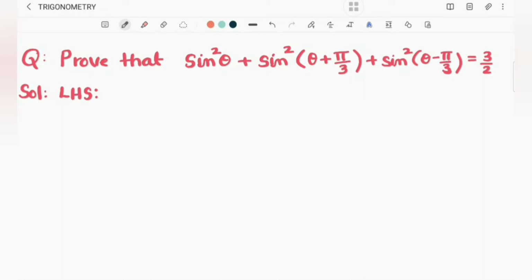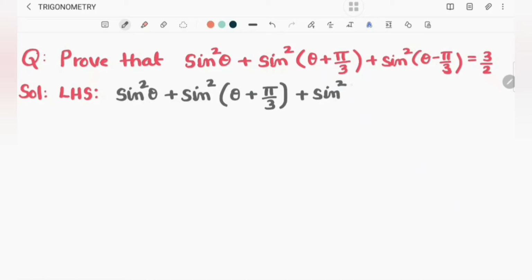So consider LHS: sin square theta plus sin square of theta plus pi by 3 plus sin square of theta minus pi by 3.